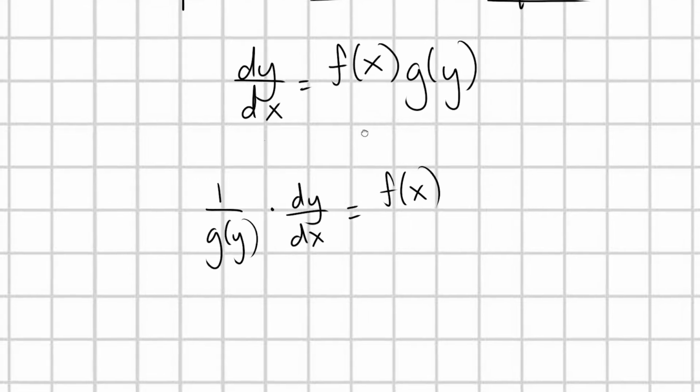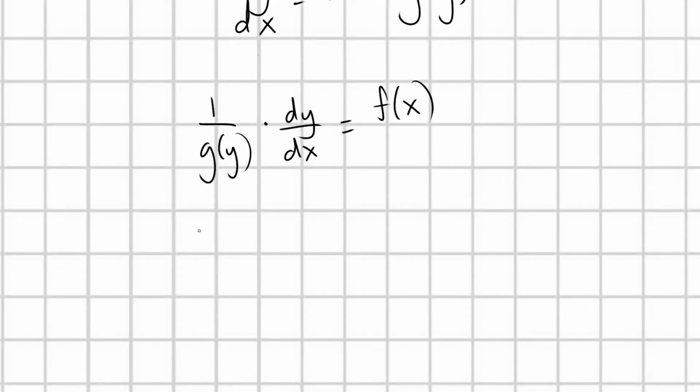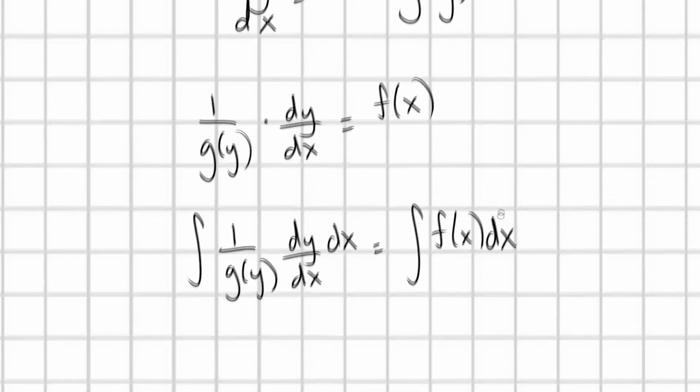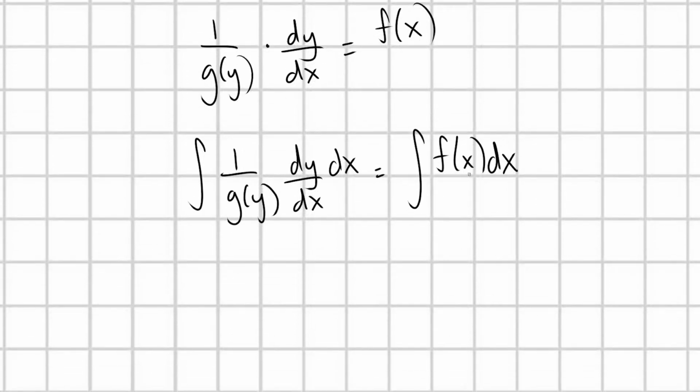And then from here, we integrate both sides of this equation with respect to x. Of course, on the right-hand side, if you give me a function of x and ask me to integrate it, I can integrate that.